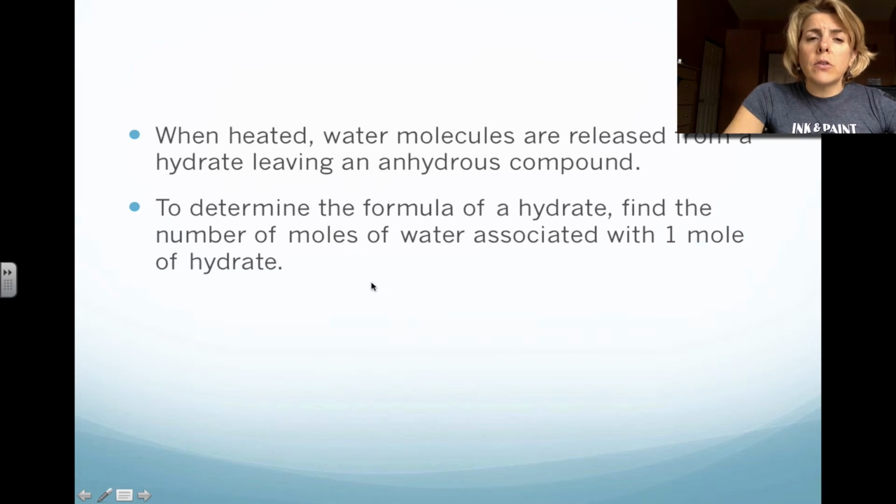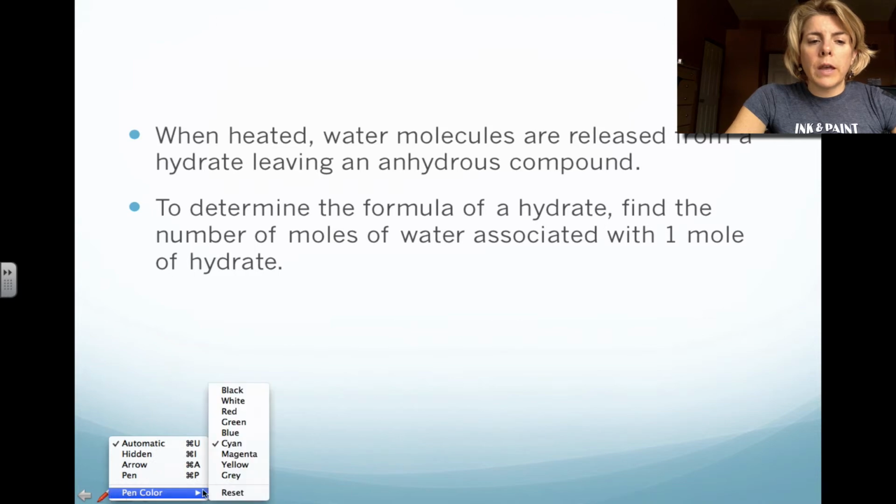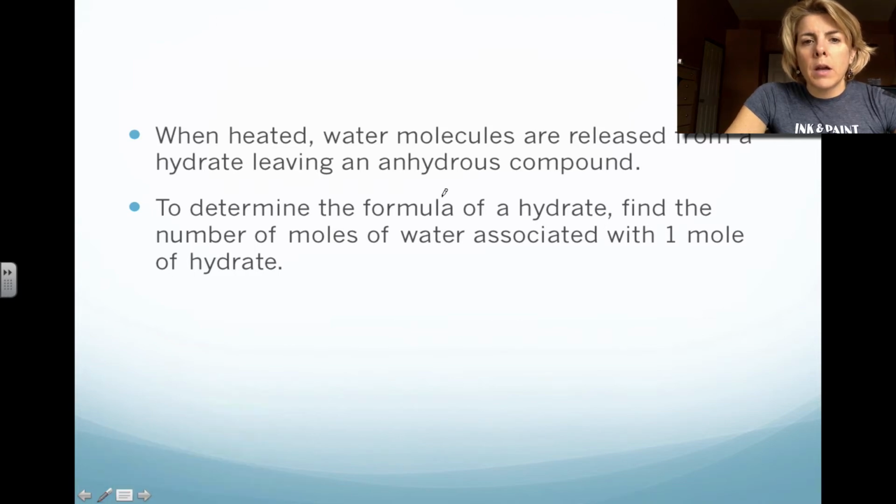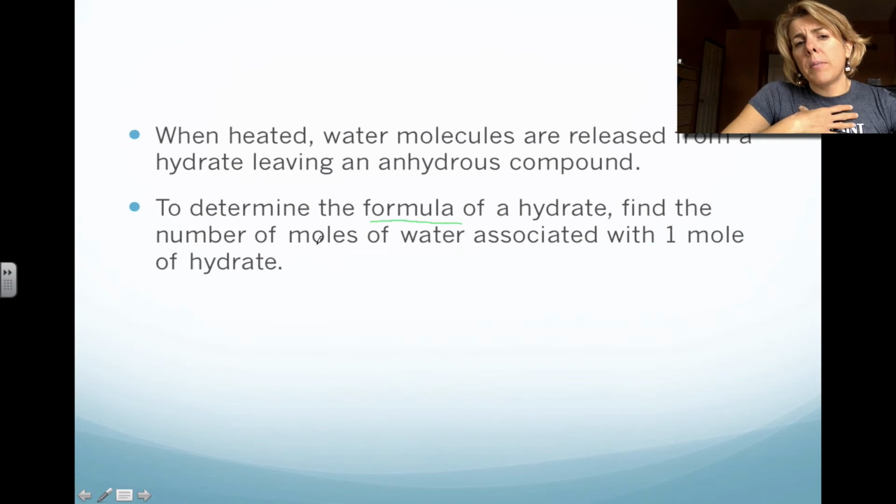Okay, now, how do you determine a hydrate formula? In order to do that, and we should be doing that in lab, you need to start off with the hydrate, and you essentially heat it up, and then you subtract the amount of mass that you lost between the hydrate and the anhydrous, or the non-water bearing compound.